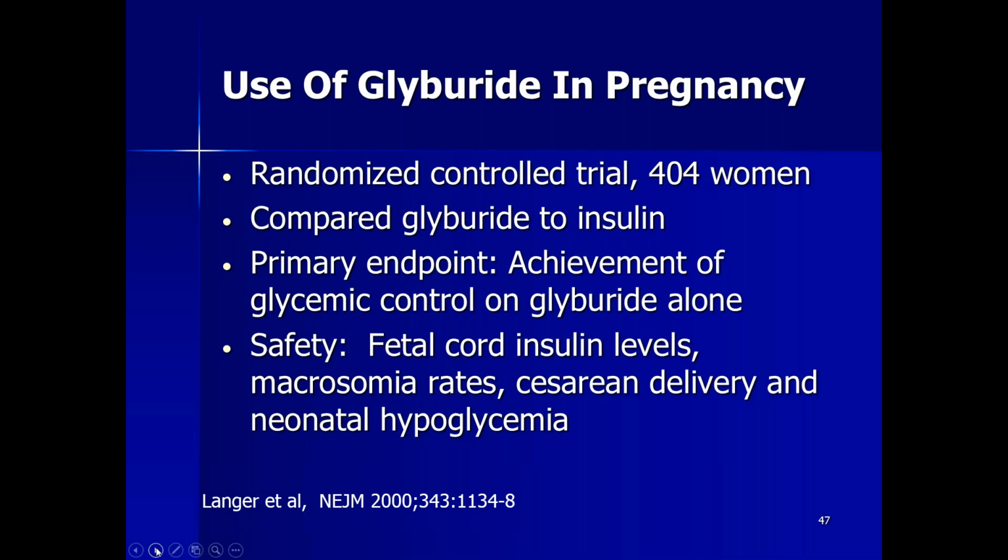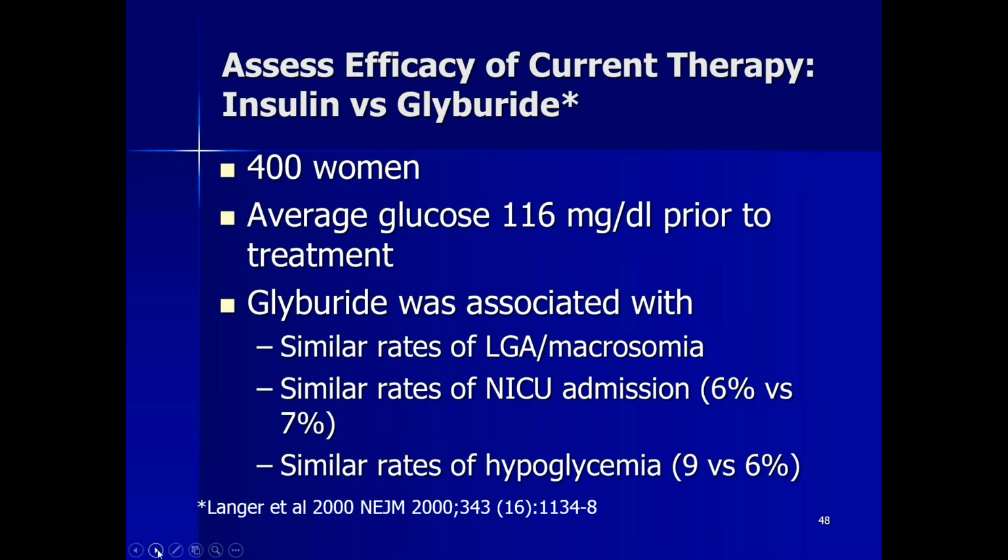The one big study that sort of started the ball rolling for Glyburide use in pregnancy was Dr. Langer's study in 2000, 400 women, achievement of glycemic control on Glyburide alone, and he looked at the cord insulin levels, the macrosomia rates, the C-section, and the neonatal hypoglycemia rates.